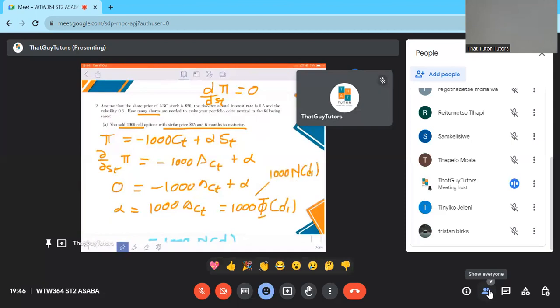The stock price is 20 Rand, so S_t is 20. The risk-free annual interest rate r is going to be 0.5. The volatility is going to be 0.3. The strike price K is going to be 25, and the maturity T minus small t is going to be 1/2. So you are just going to substitute these values into your D1 and then find what that value is.